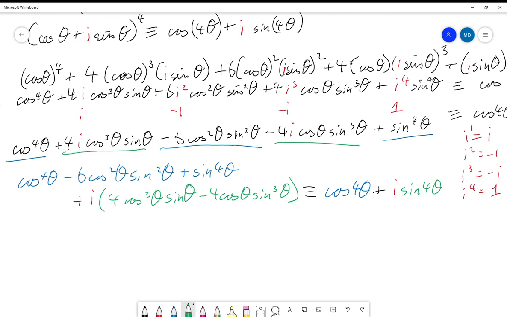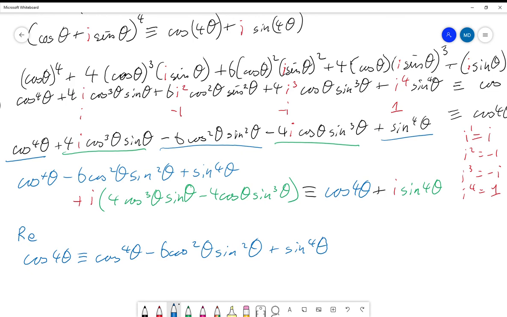And now we can finish the question by equating the real parts. We get that cosine of 4 theta is identical to cosine to the power of 4 theta minus 6 cosine squared theta sine squared theta plus sine to the power of 4 theta as required. And we have answered the question.